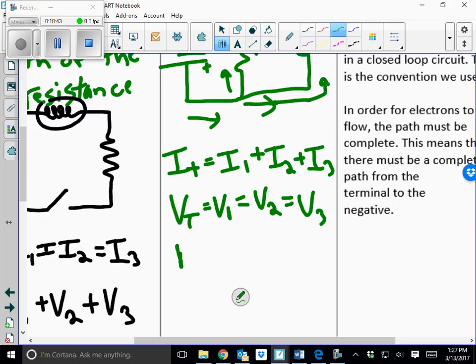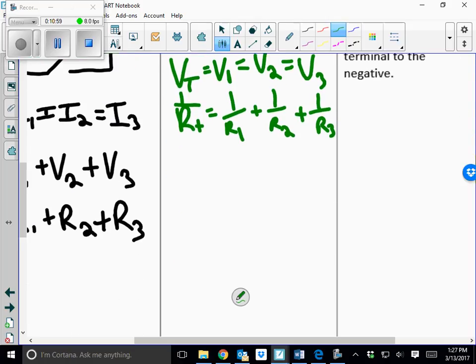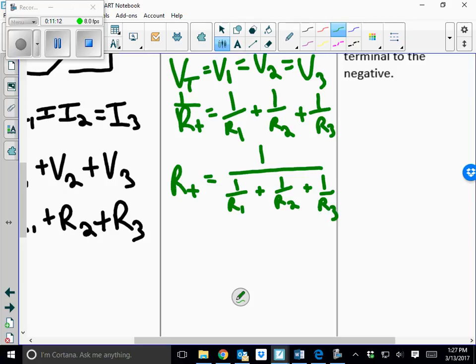And then total resistance: 1 over total resistance equals 1 over R1 plus 1 over R2 plus 1 over R3. If we were to rewrite that and solve for total resistance, RT would be 1 over the quantity 1 over R1 plus 1 over R2 plus 1 over R3.